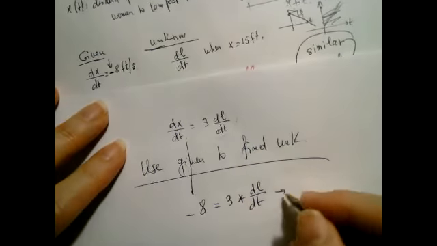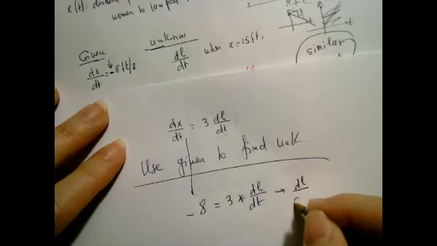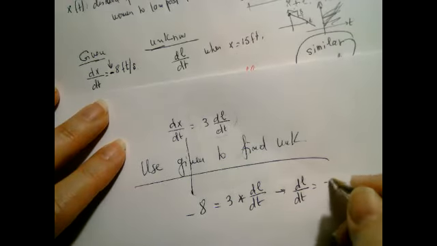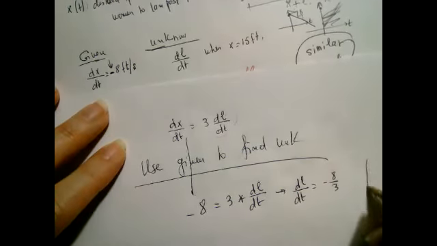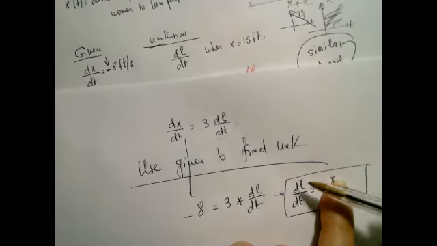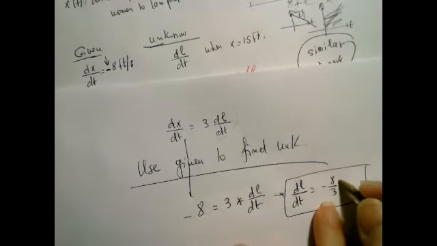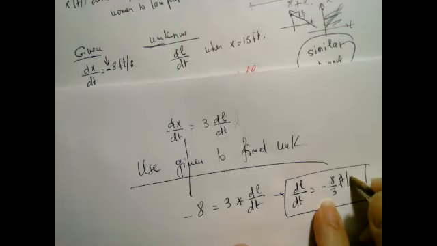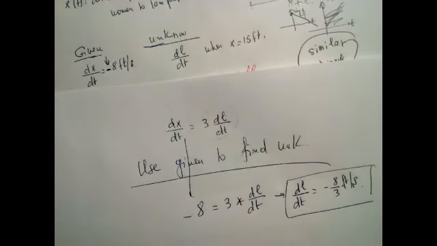It means the shadow is moving at the rate of minus 8 over 3. The unit is the unit of length, which is feet, per unit of time, which is second. And that gives me how fast the shadow is changing per second.